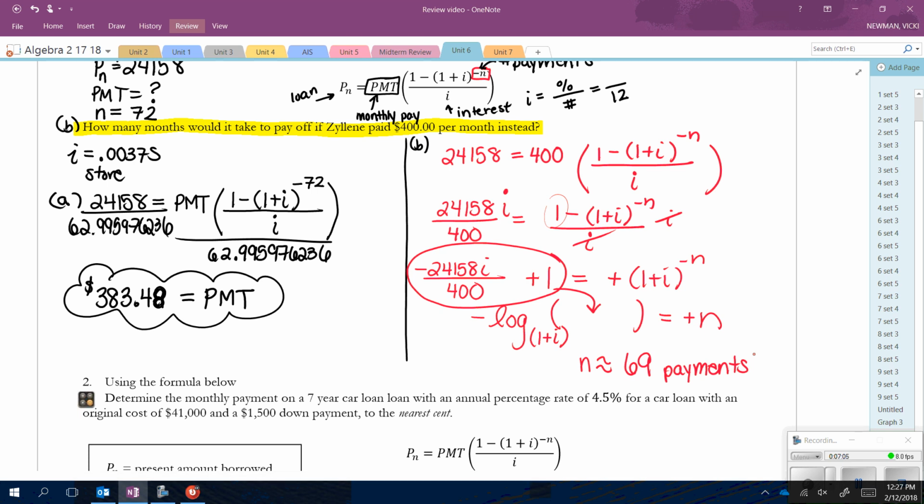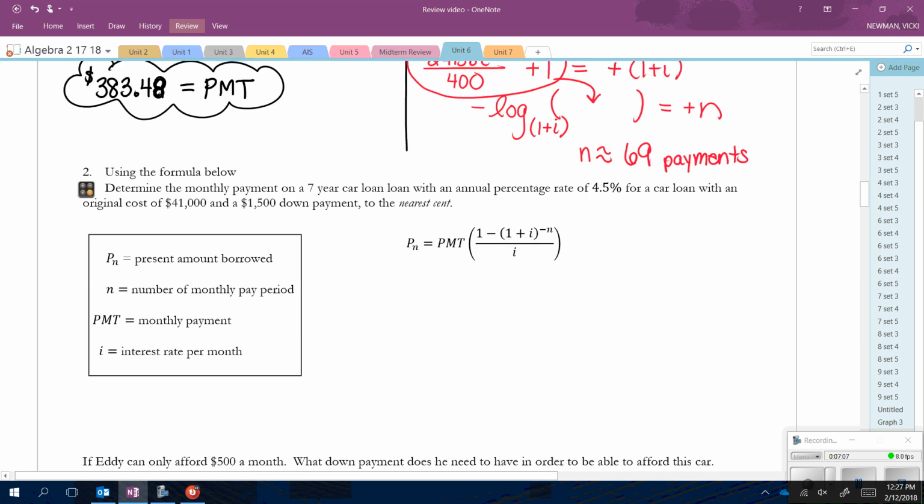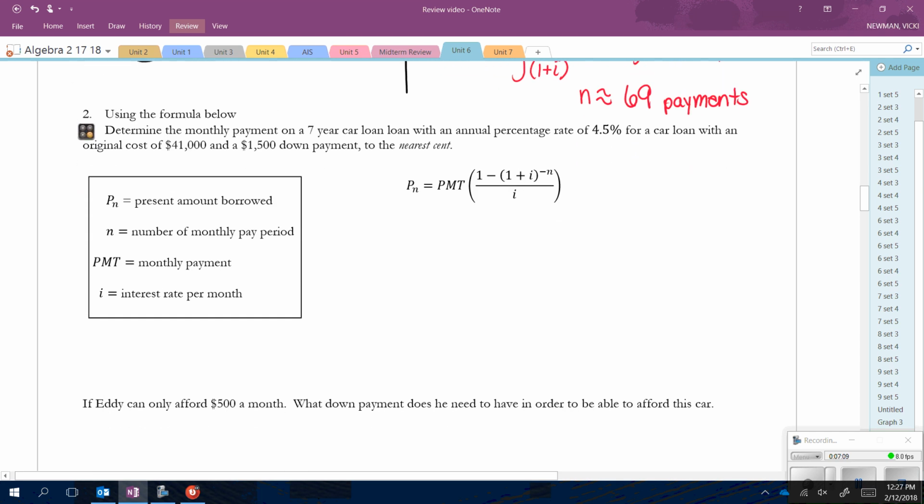That's pretty good. All right, so now we're down here, we're doing slightly different, but also the same. Using this formula, again, P sub n is the amount borrowed, n is number of monthly payments, PMT is the monthly payment, and I is the interest rate per month. So 7-year loan, that is 7 times 12 is 84.